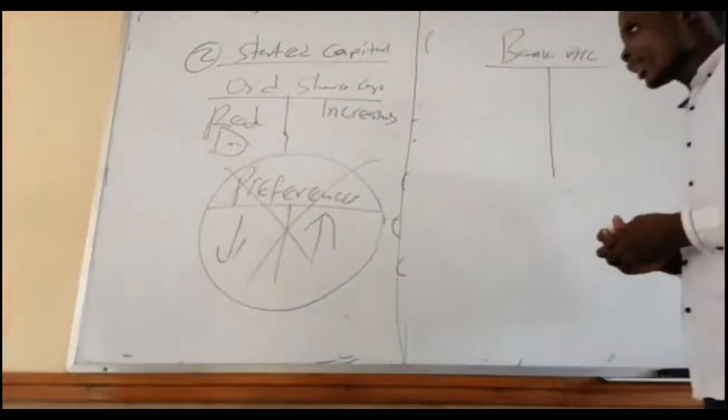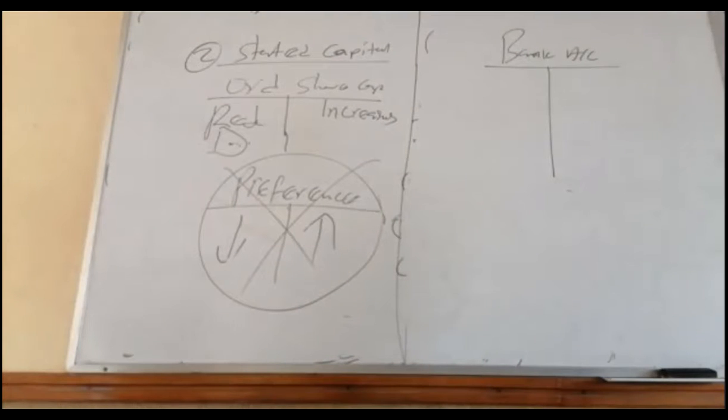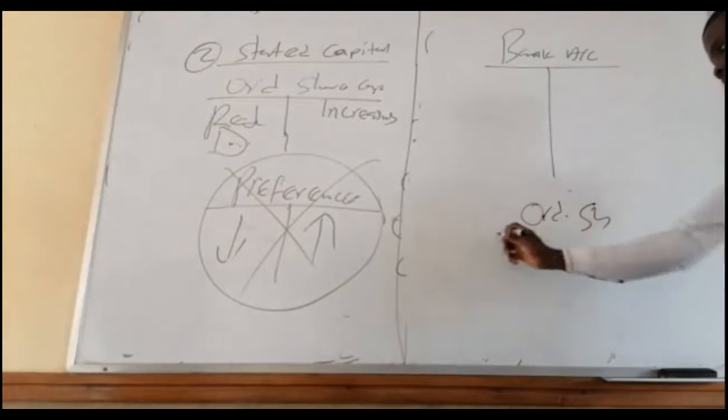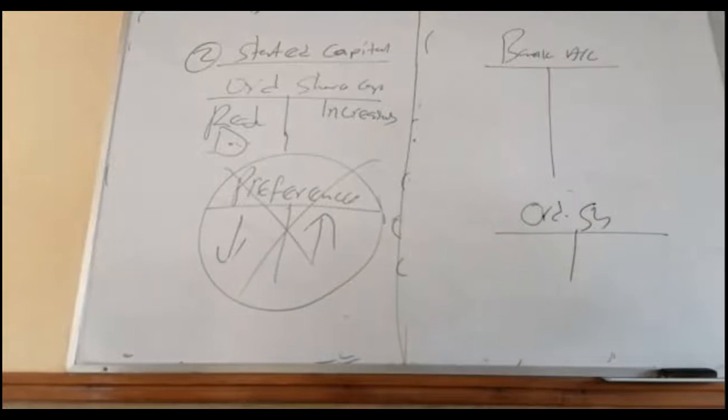If you pick any account that you want to work with, for instance bank or ordinary share capital, first record the opening balance. But sometimes this debit and credit, normally, most of us are not accounting gurus. So debit and credit is an issue.